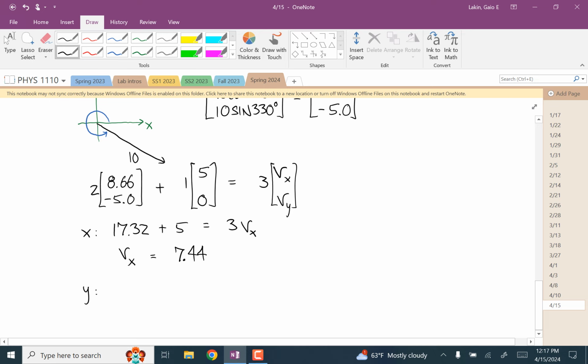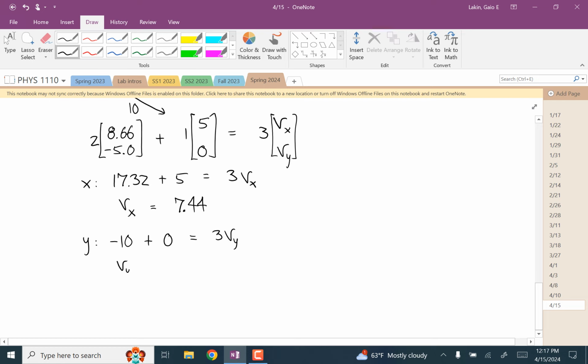And then for the y equation, 2 times negative 5 is negative 10, plus 1 times 0 is equal to 3vy. And so Vy is equal to negative 3.3 repeating. So altogether, these say that after these two things collide and stick together, the velocity vector is 7.44 in the x direction, negative 3.3 repeating in the y direction.